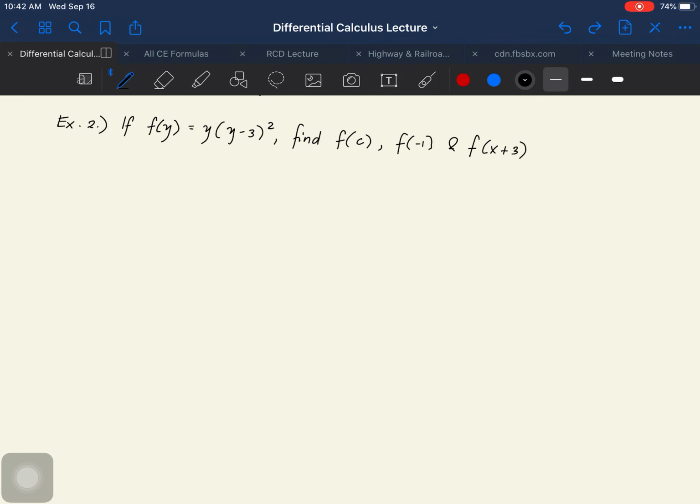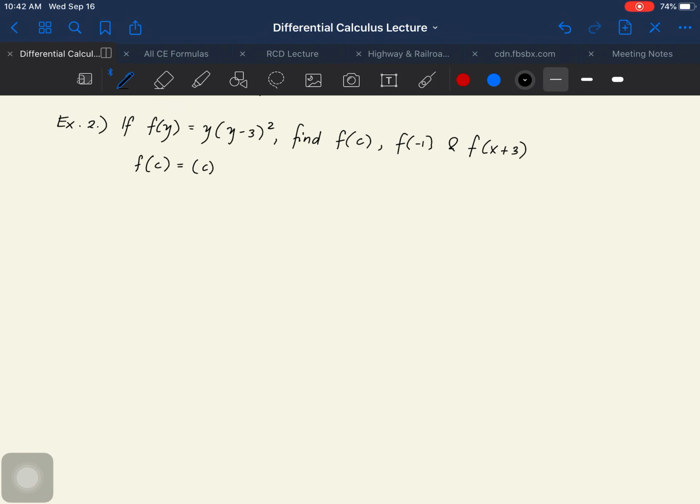So let's solve for the first one. What is the value of f of c? Now f of c here means what will be the value if y is c. So we will just substitute y with c. See that? The parenthesis. How about this one?